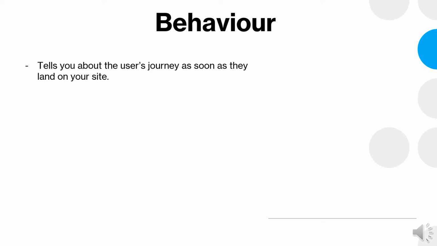Behavior is basically just that. It tells you about the user's journey or the user's behavior as soon as they land on your site. So it gives you insights about the steps that they take when they land on your website. What do they do?